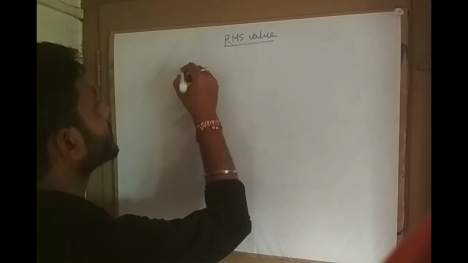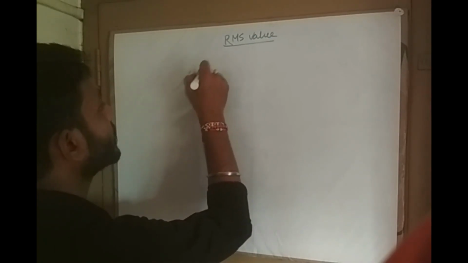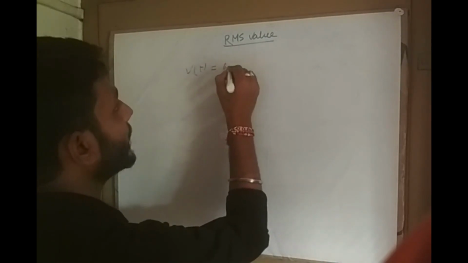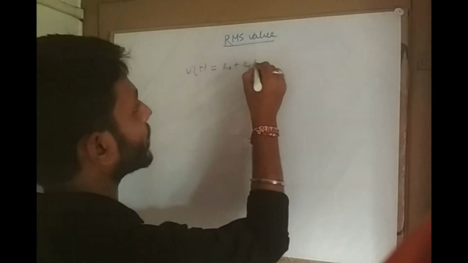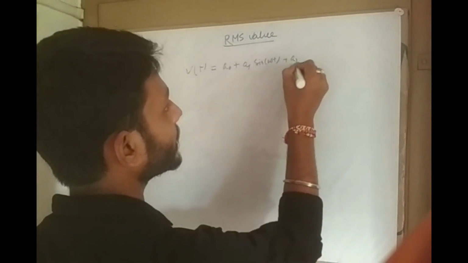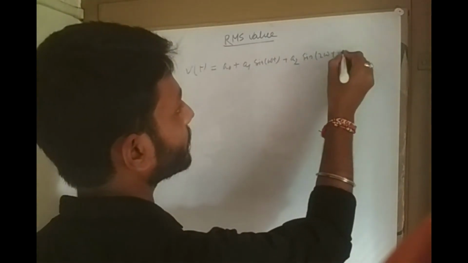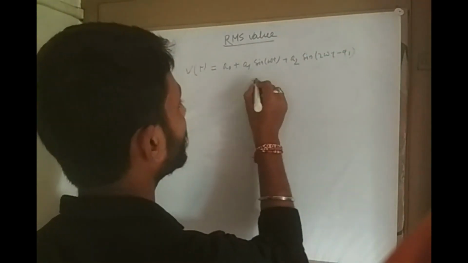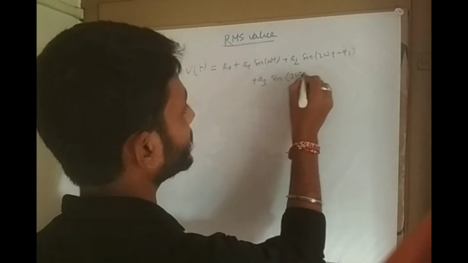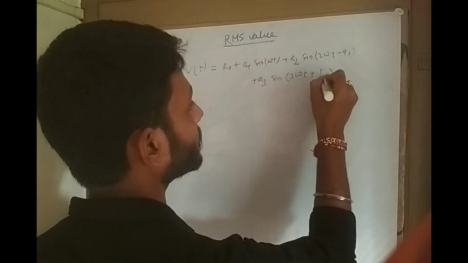The voltage signal may be like this: A0 plus A1 sin omega t plus A2 sin (2 omega t minus phi 1) plus A3 sin (3 omega t plus phi 2), whatever the phase value is.